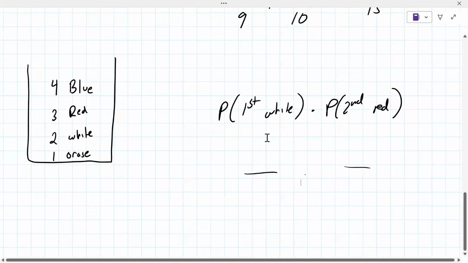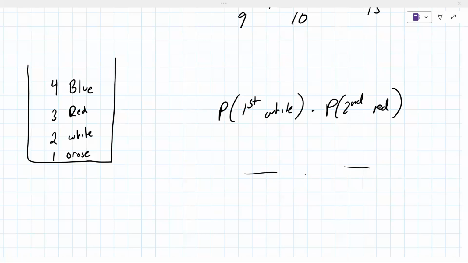So how many white out of how many total? Then how many red out of how many total? So 1/5 times 1/3 is 1/15.